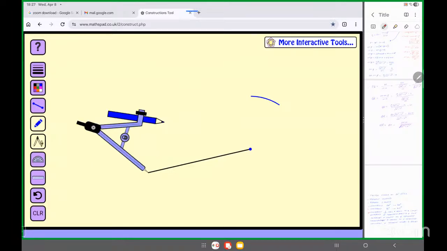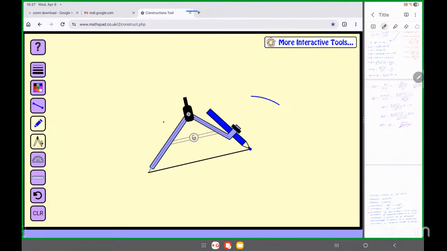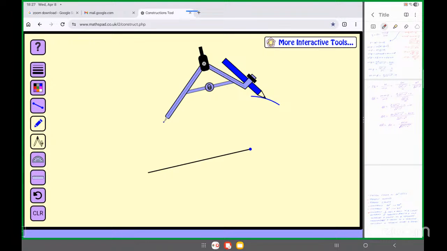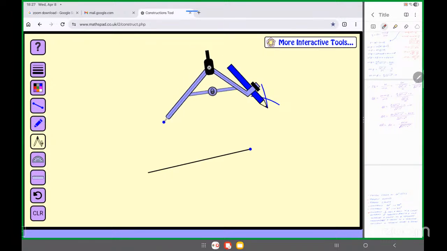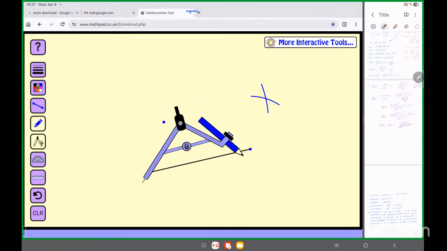So rotate this down, put my compass to the length of this line, lock it. I want to transfer that distance up to the top. So I move the compass up now to this point, make an arc out here. That arc is the same distance as the line down here.